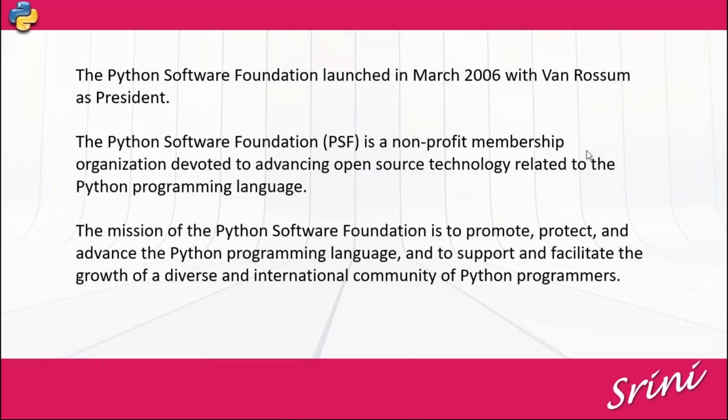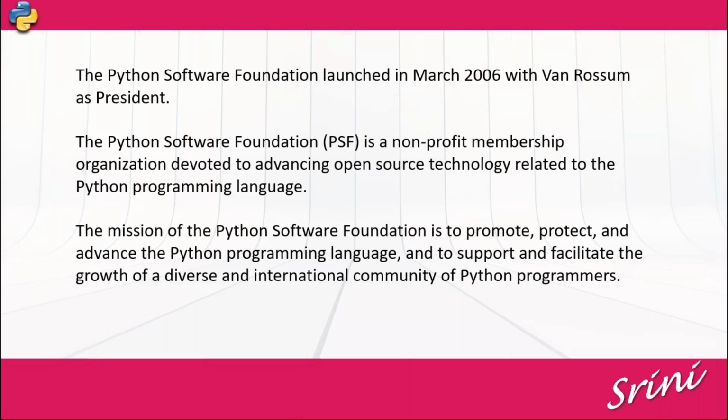But why was Python not popular for so many years? Java became really popular. But recently, why has Python become popular and even dominating Java? What is the reason? A very simple reason. Python is open source.